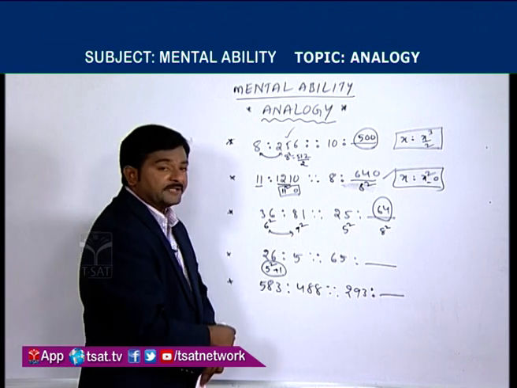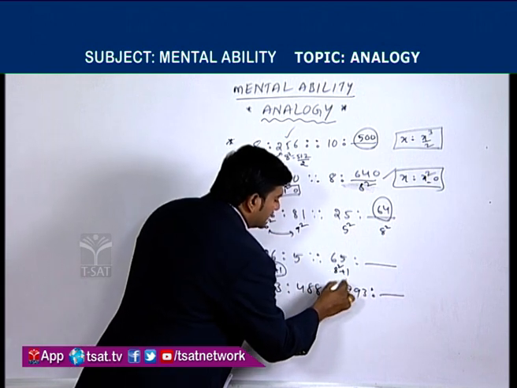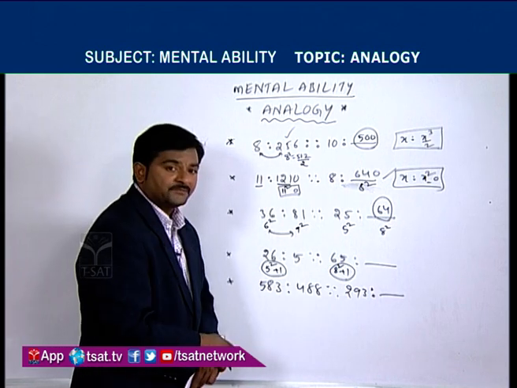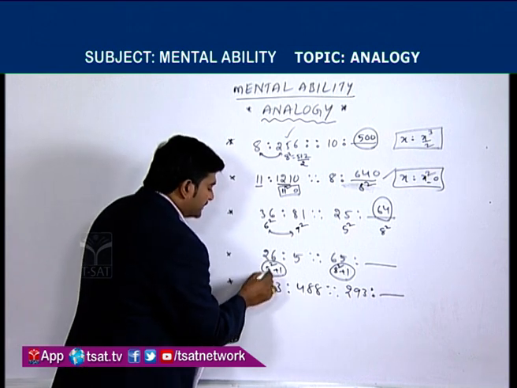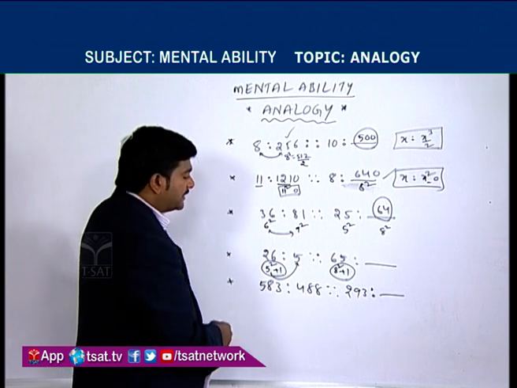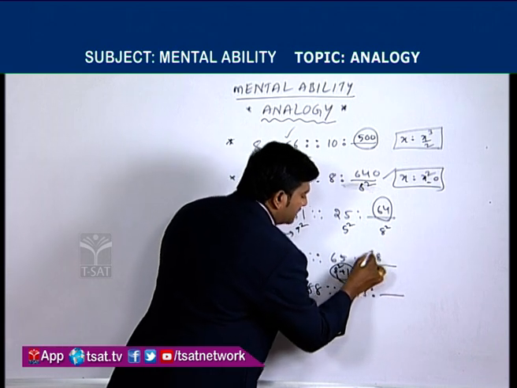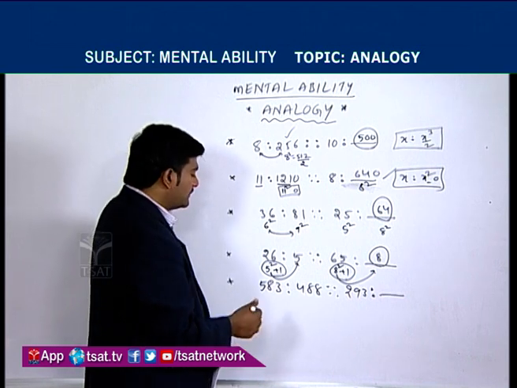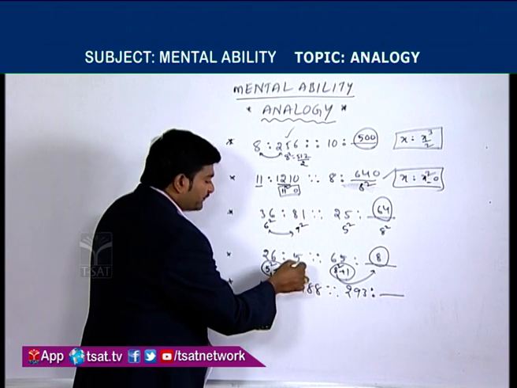Similarly, 65 we can write as 8 square plus 1. 8 square means 64, 64 plus 1 is 65. So 26 means 5 square plus 1, we write this 5 here. Similarly 65 is 8 square plus 1, so we need to write this 8 in the given blank. Hence the answer for the given question is 8. Once again, 26 means 5 square plus 1, writing this 5 here.